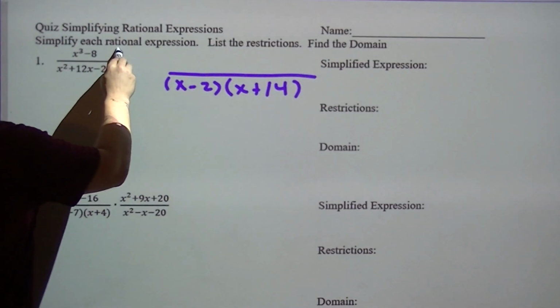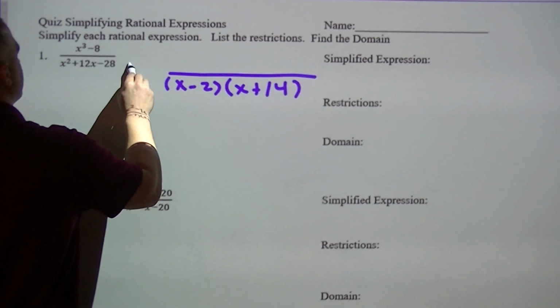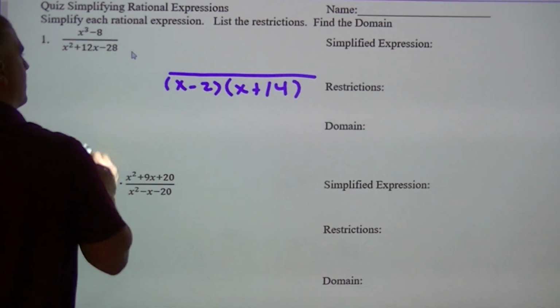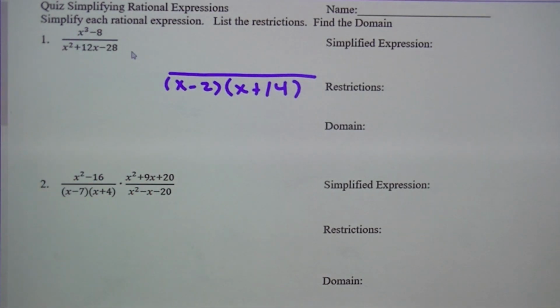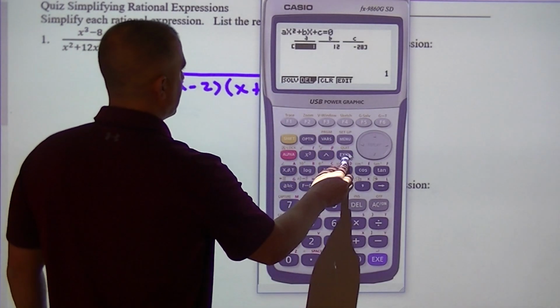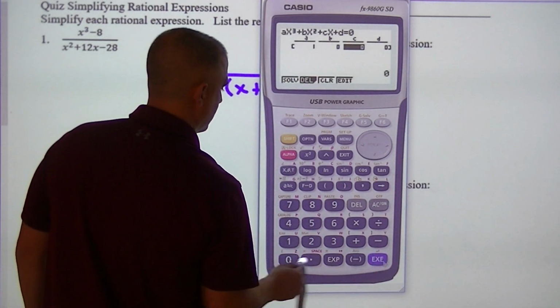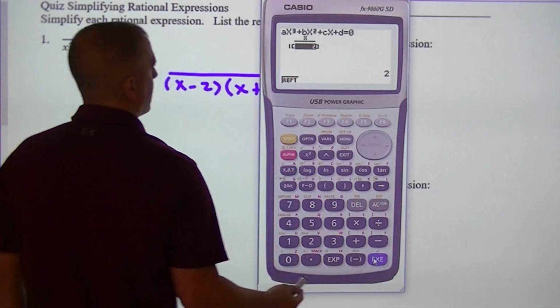I'll just move this just a little bit that way. That's fine. Okay, this part, x cubed minus 8. Okay, I'm going to go back into equal. I'm going to go degree 3, 1, 0, 0, negative 8. All right.